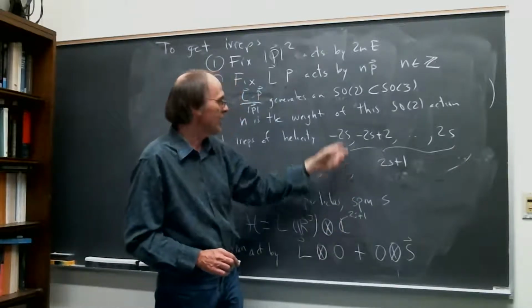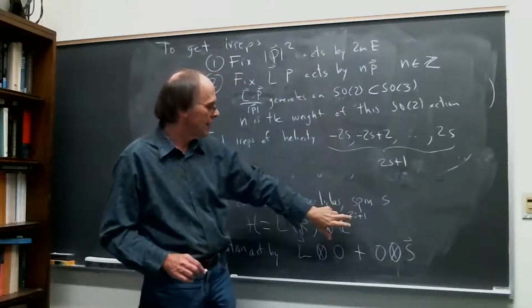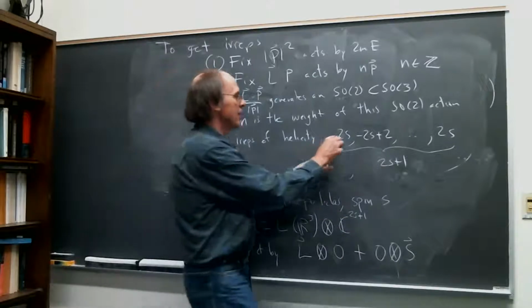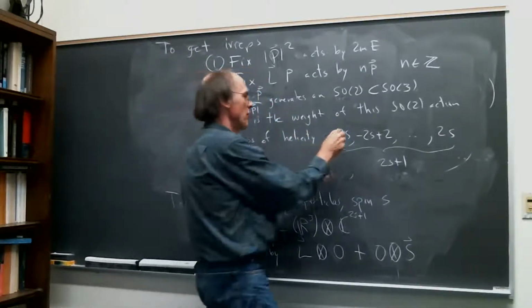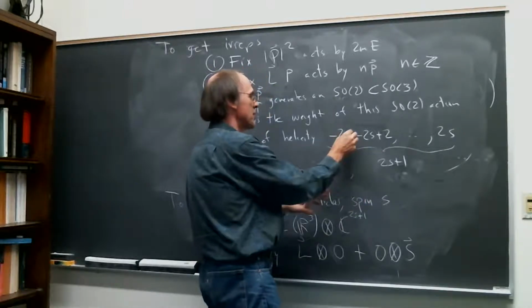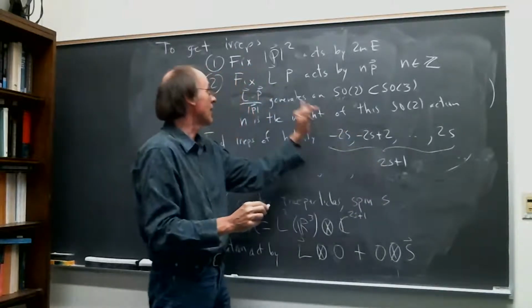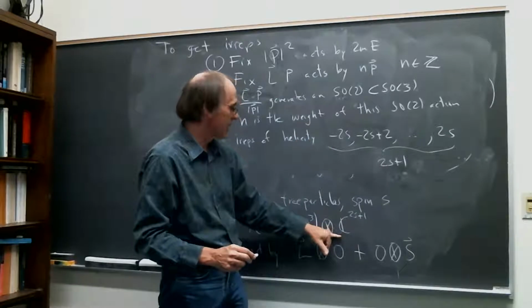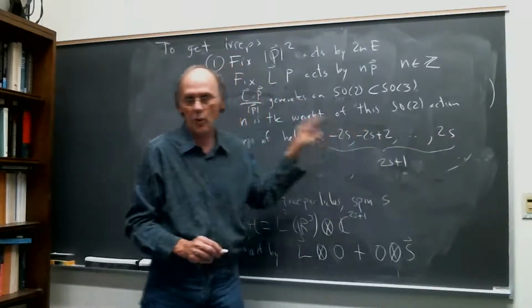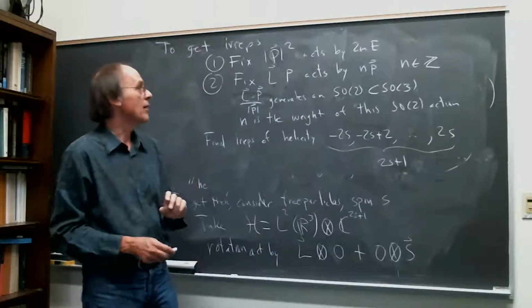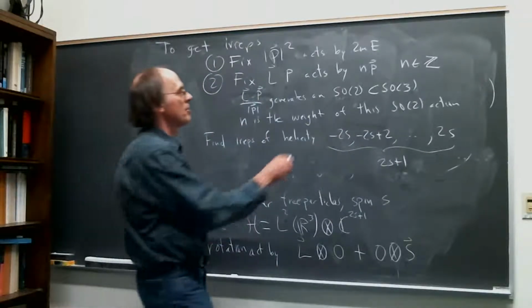Within the things you've created, you're going to get irreducible representations if you stick to the subset where this operator acts by a specific weight. And those weights are going to be the N.